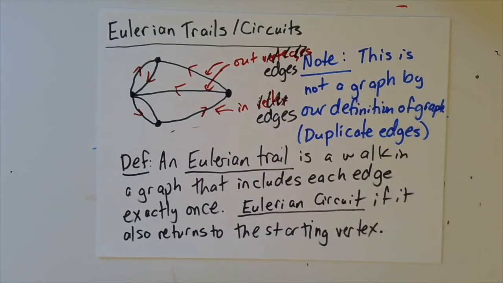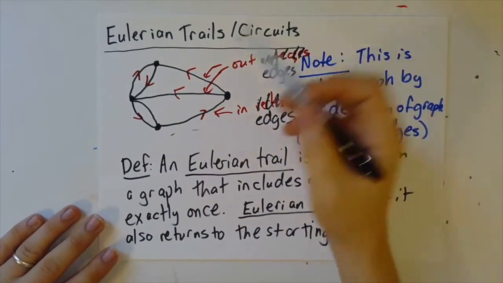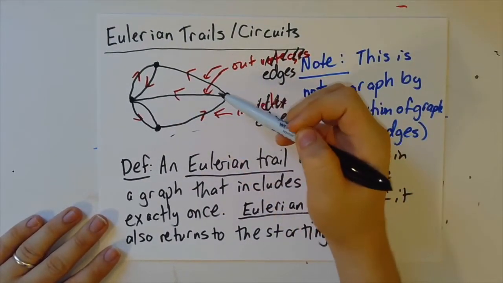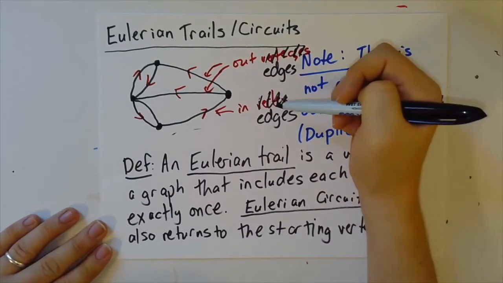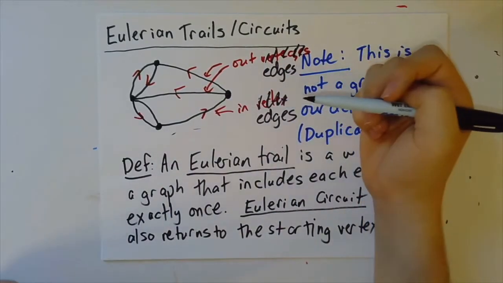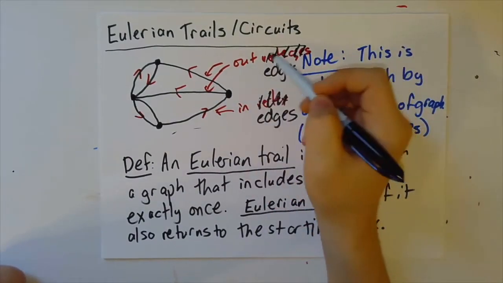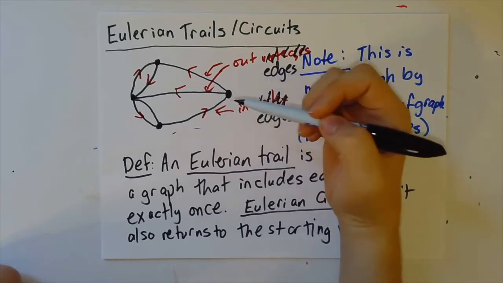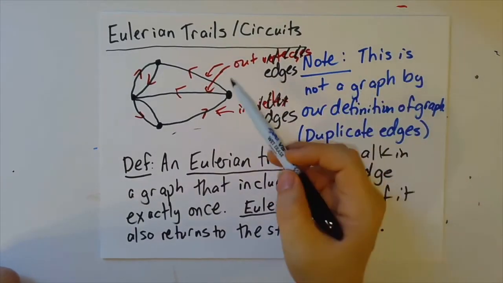I want to notice for this particular vertex, in this particular arrangement, that I have two out edges and one in edge. And if I figure out what that means, I left this vertex one more time than I came into the vertex. And if I think about it, what does that mean? That means I had to have started here.